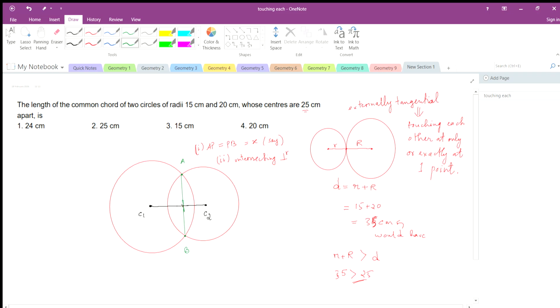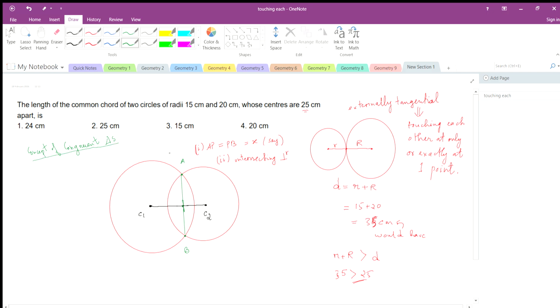I'll prove this using the concept of congruent triangles. You need to know the concept of congruent triangles to prove these two statements.